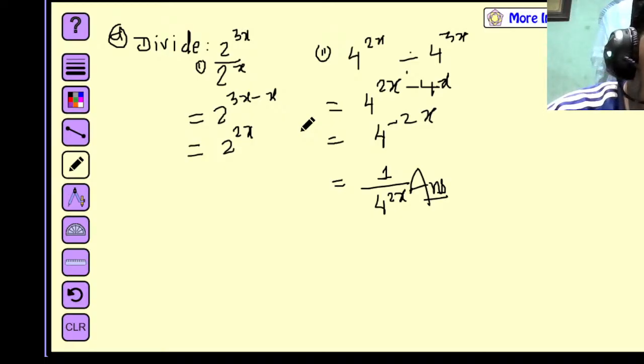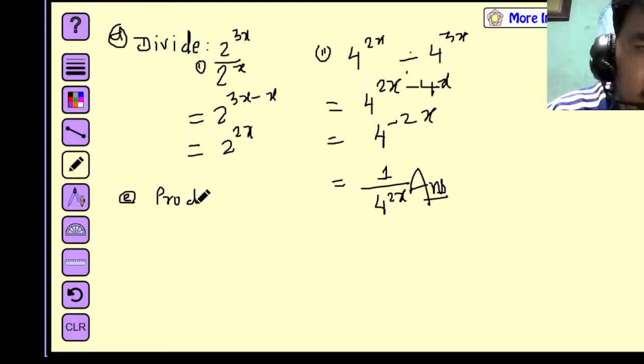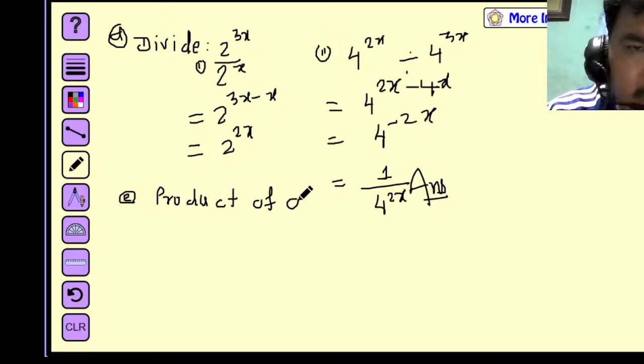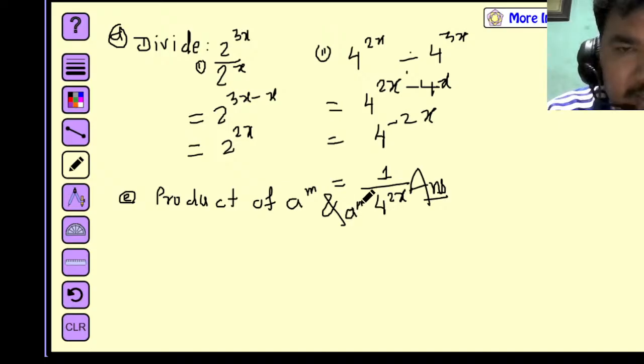if it is asked to find the product of, there is given a number, if it is asked to find the product of a to the power m and a to the power n, asking, okay, then we have to do like this.